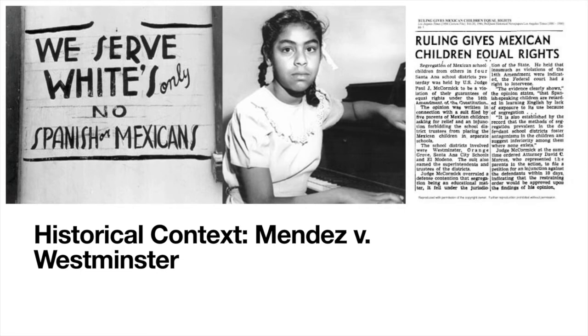Ultimately, in this case, that became a moot point because separate but equal was ostensibly outlawed after Mendez versus Westminster. This too became a precedent case for the legal strategy of the ACLU, of the NAACP in arguing Brown. And Mendez versus Westminster was 1946, so 8 years before Brown.